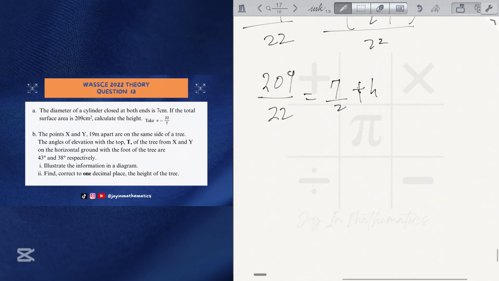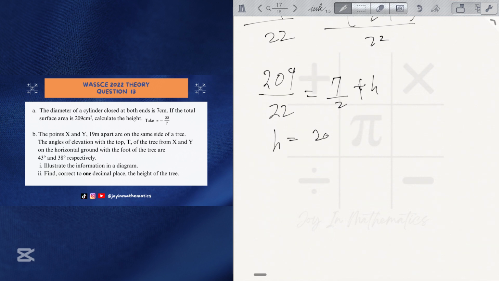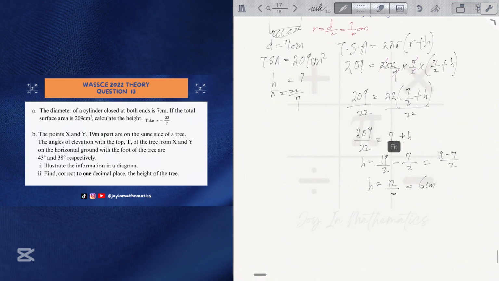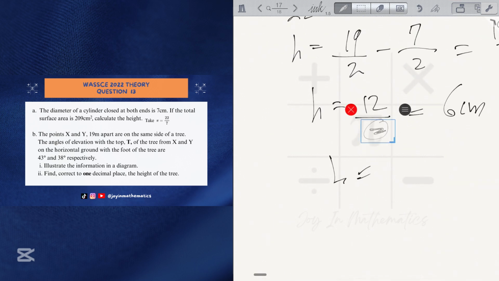So h therefore will now be 209 divided by 22. 209 divided by 22 in fractional terms is 19 over 2, minus 7 over 2. So if you take the LCM of 2, this will give us 19 minus 7. Therefore h will be equal to 12 over 2, which is equal to 6 centimeters. So we have evaluated the value of height h to be equal to 6 centimeters.